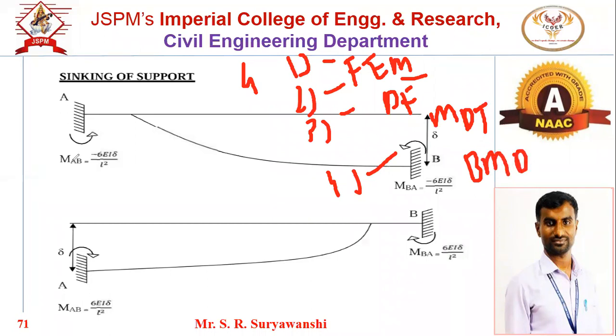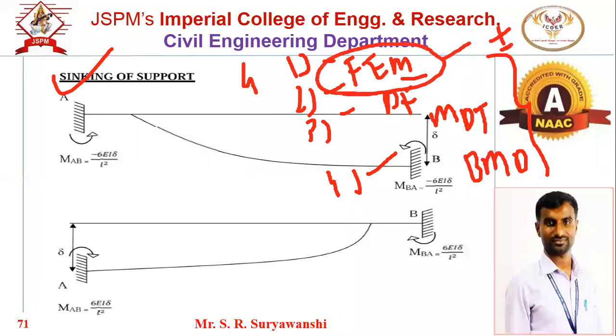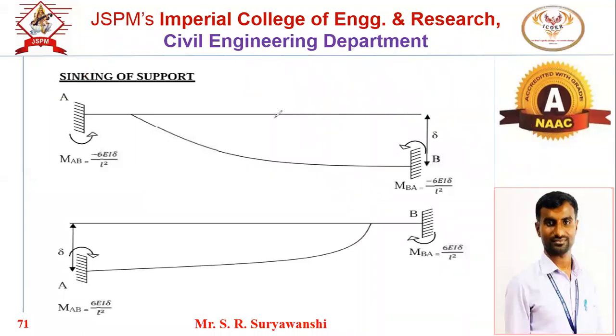Now we know that due to the sinking of support, something will change. We have to add or subtract, depending on these 2 cases, the additional fixed end moment. Out of those 4 steps, only the first step will change. In step number 1, we have to add or subtract 6 delta by L square, depending on the sign convention or the case, due to the sinking of support.